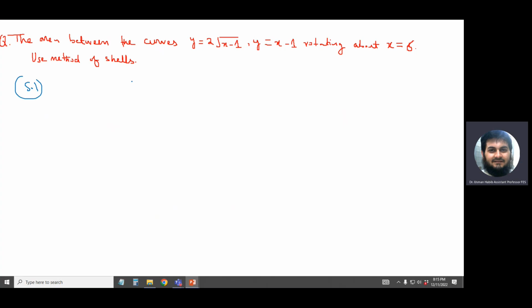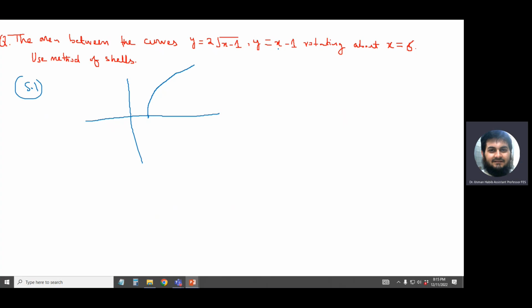Let's plot this first. We know y equals root x. How does it look? And this is x minus 1, so the graph will be shifted by 1 unit to the right of the origin, and multiplying it by 2 means that everything will become double, something like this.